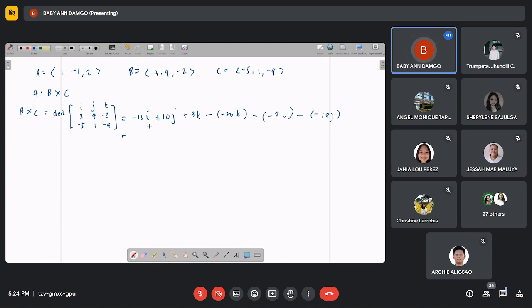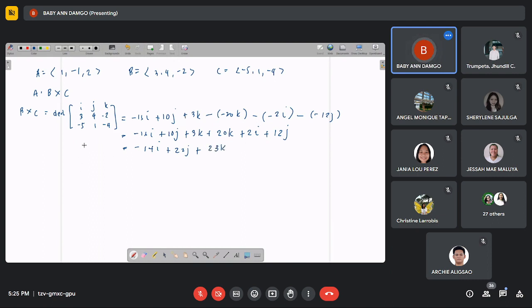So this is equal to negative 16i plus 10j plus 3k plus 20k plus 2i plus 12j. Simplifying, we have minus 14i, and the j is 22j, from 10 plus 12, and then k is 23.